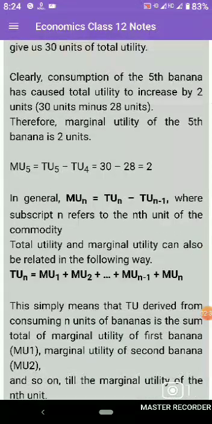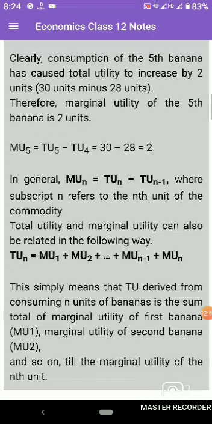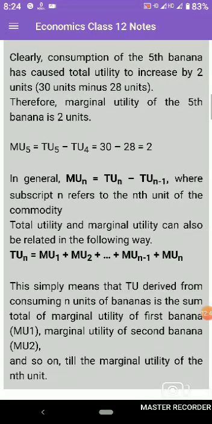In general form, MUn = TUn minus TUn-1, where subscript n refers to the nth unit of the commodity.